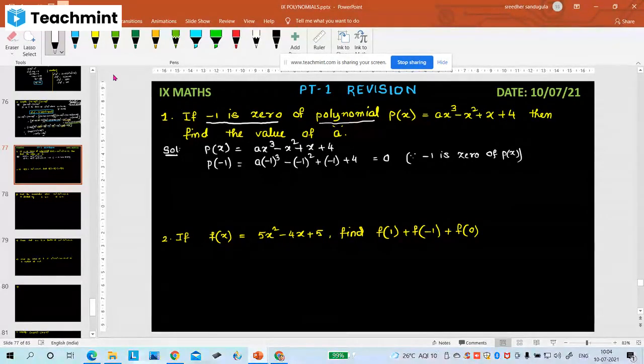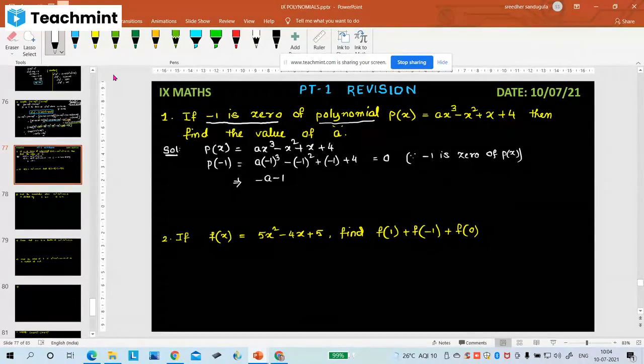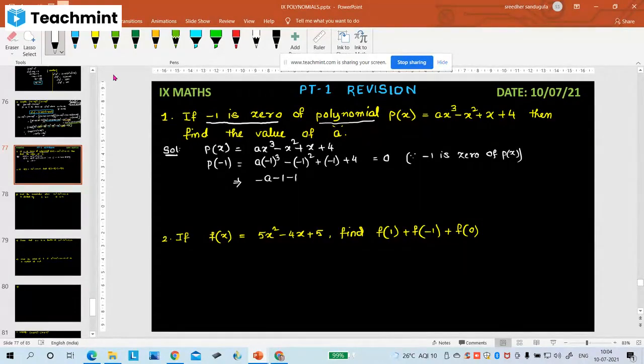Now let us see this here. If you simplify this, minus 1 whole cube means minus 1, minus 1 into a is minus a. Minus 1 whole square means 1, 1 into minus is minus 1. Again minus 1 and plus 4 equal to 0.